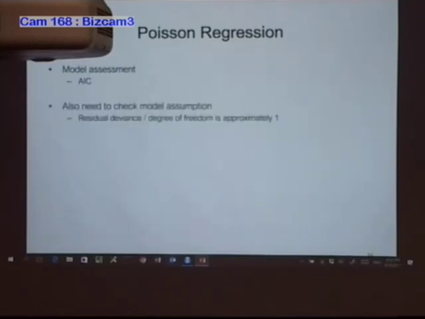We have seen the AIC. That's again the only standard for model selection for now. For Poisson regression, there is one slight extra check we need to do. If the Poisson assumption is satisfied, you should have the residual deviance and the degrees of freedom roughly the same.